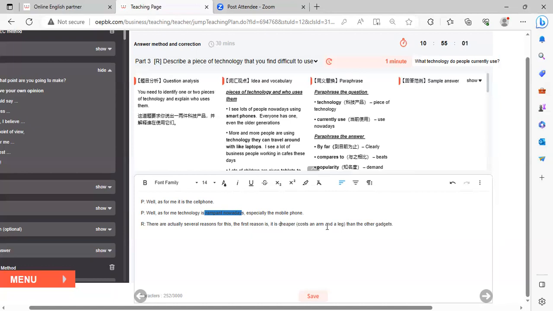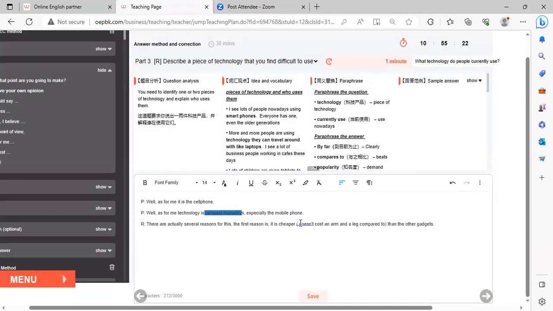So instead of saying cheaper, it does not cost an arm and a leg compared to other gadgets, right?